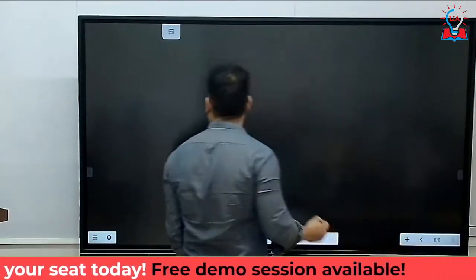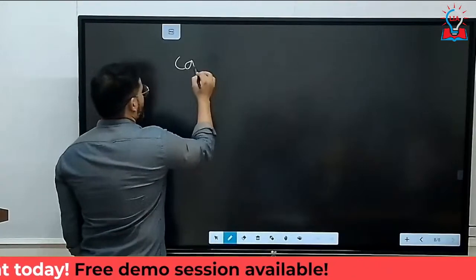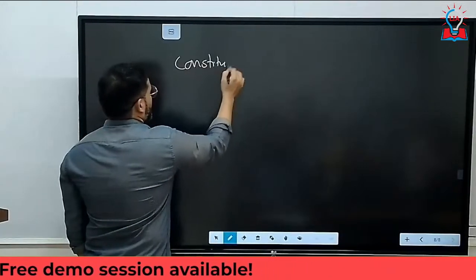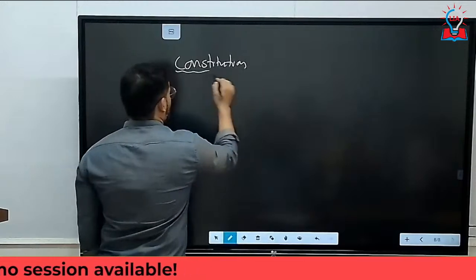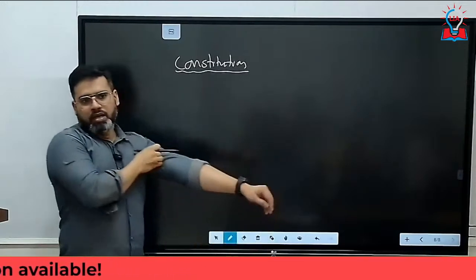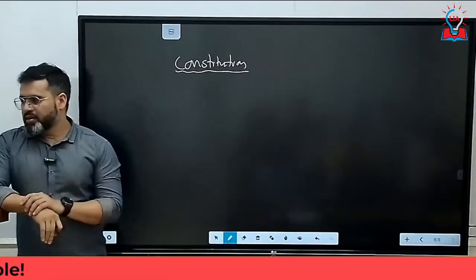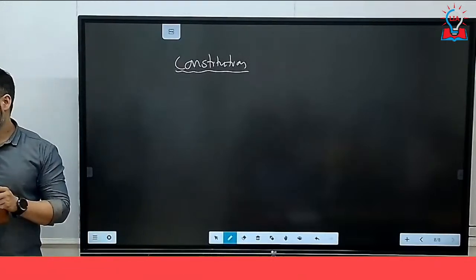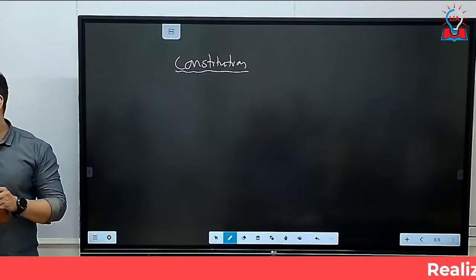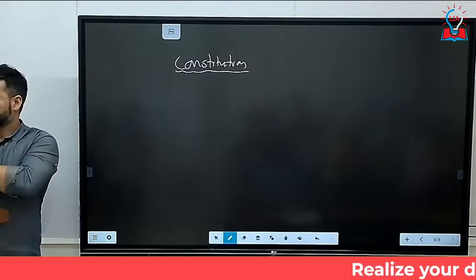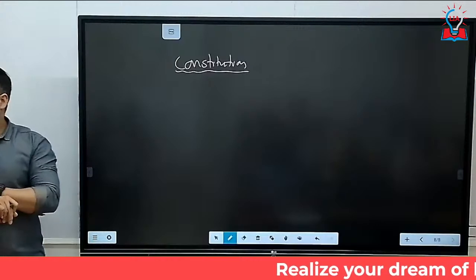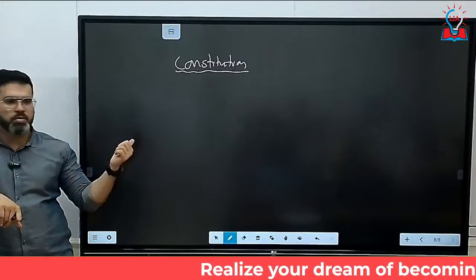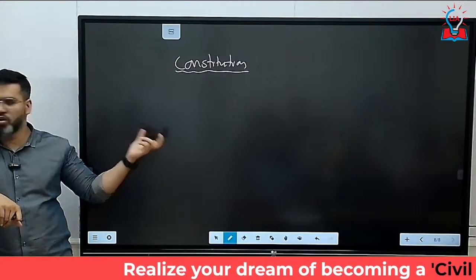Now let's come to the constitution. Because we have already covered, we are having 3 organs of the state, right? Now do you all know the difference between the state legislative assembly and Lok Sabha?